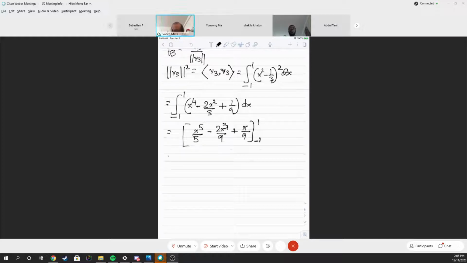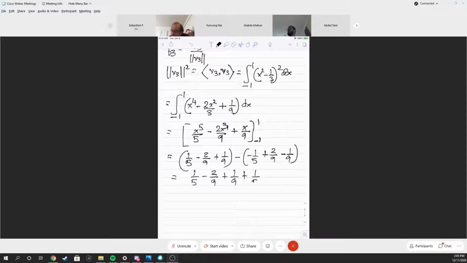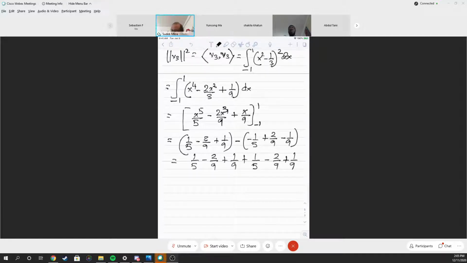And now that is equal to 1/5 minus 2 by 9 plus 1 upon 9 minus 1/5 plus 2 upon 9 minus 1 upon 9, and that is 1/5. Okay, that's interesting.